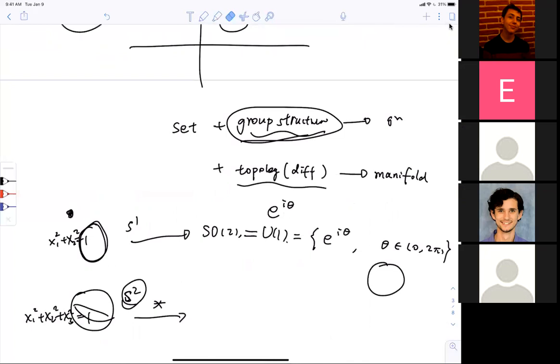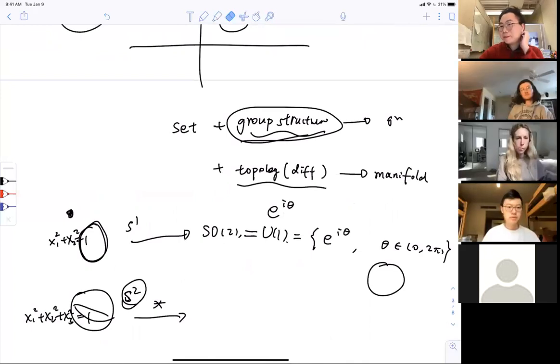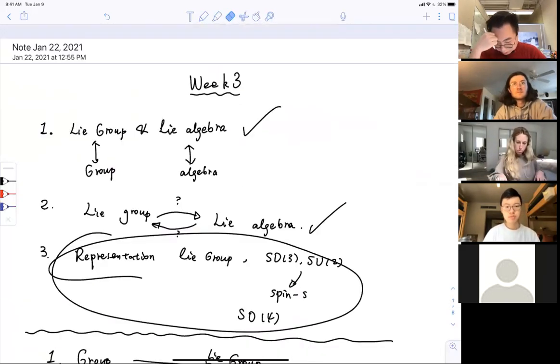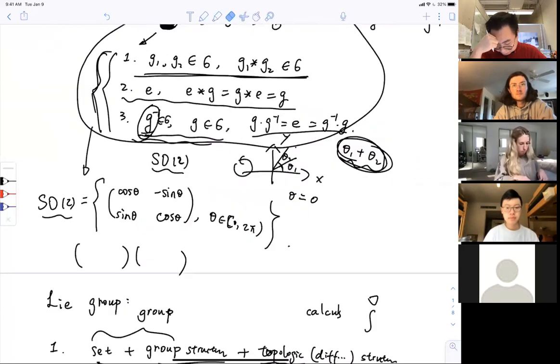I see, it's more on the topological side. Usually it would teach some group theory, like representations and stuff like that. Yeah, different professors may have different content. That's interesting. I see. It's the same time as quantum.